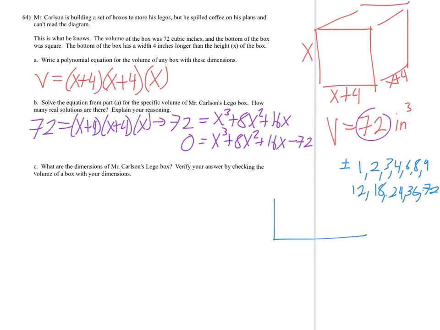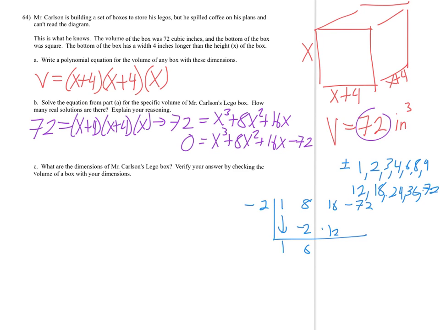I don't know. Let's try 2 perhaps. Or maybe negative 2. So that'd be 1, 8, 16, negative 72. 1, negative 2, that gives me 8, negative 2 is 6.